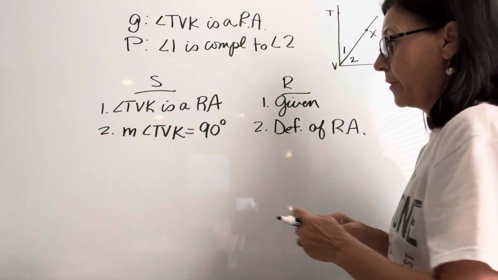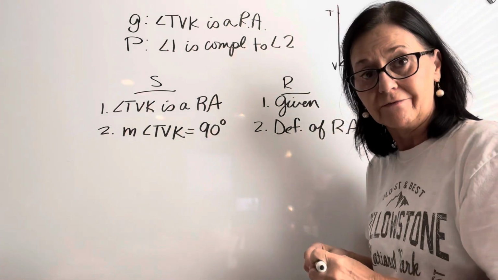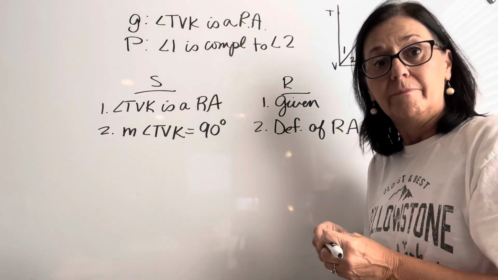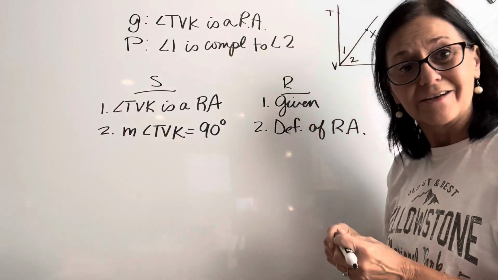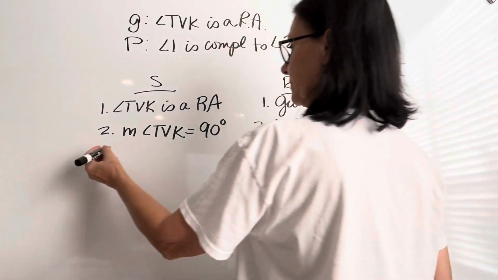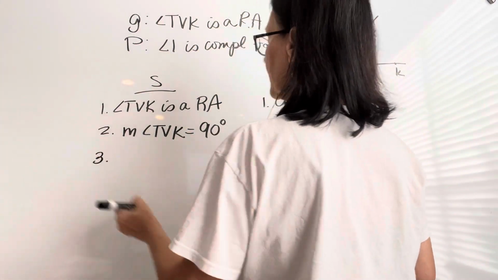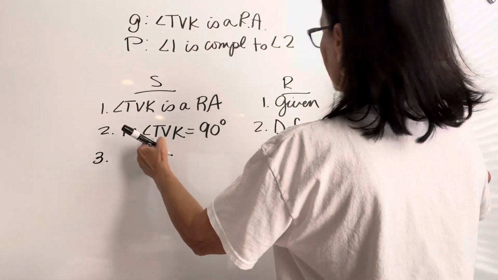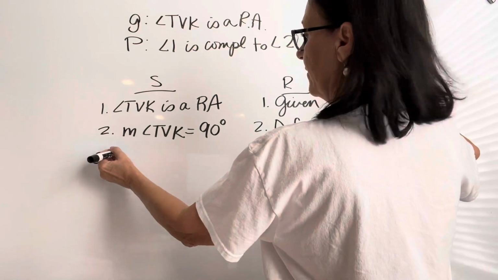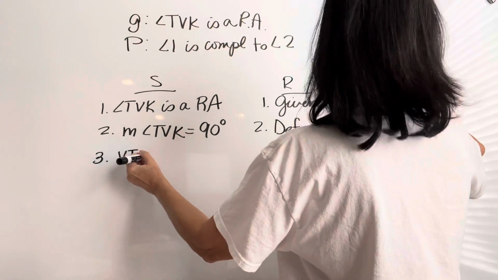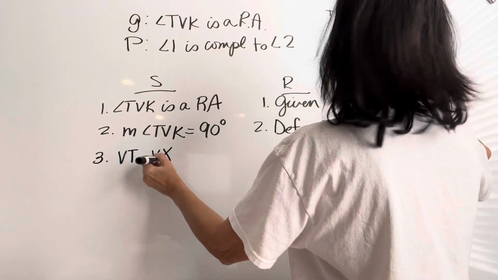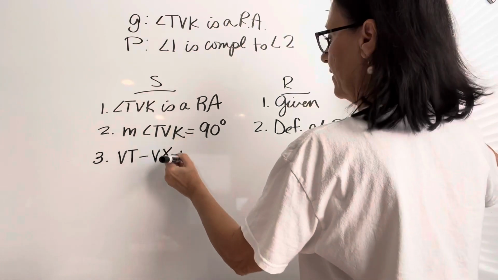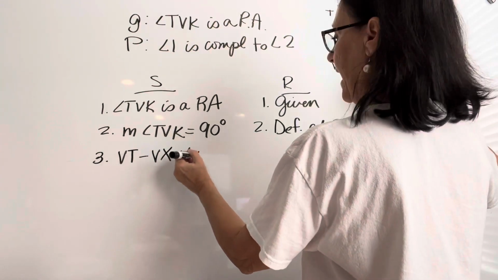All right, I'm probably going to use substitution eventually, but I'm going to use the betweenness of rays theorem. All right, what does the betweenness of rays theorem say? I'm going to start with the T. We have VT, VX, VK.